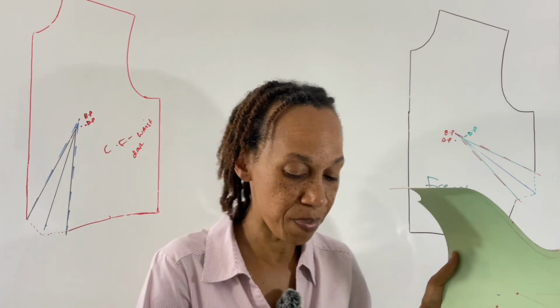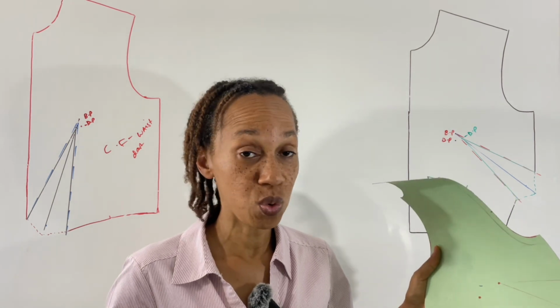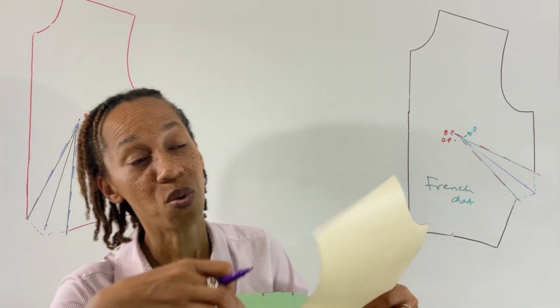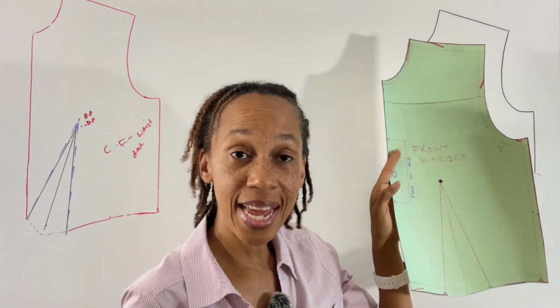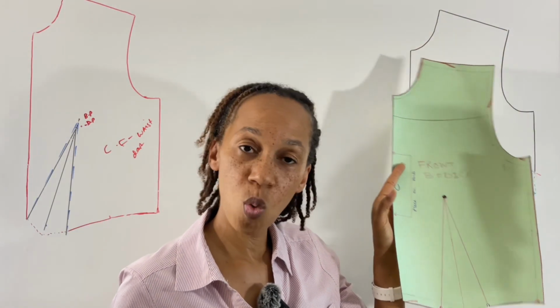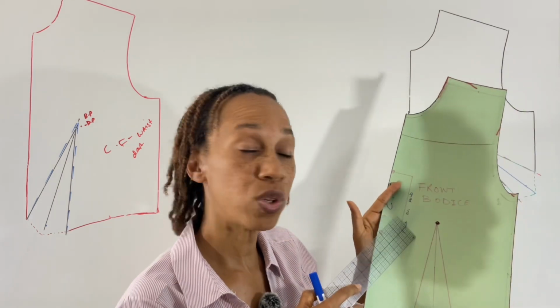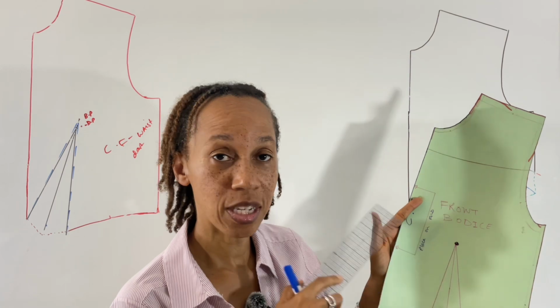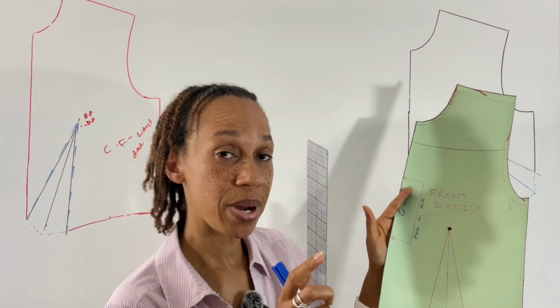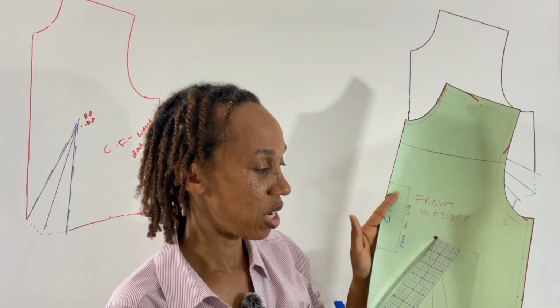To create that perpendicular line, you are going to use an L square, or what we call a square rule. So this is the one dart stopper that we're going to use to create your center front and bust level dart. Remember now that this is your dart point.